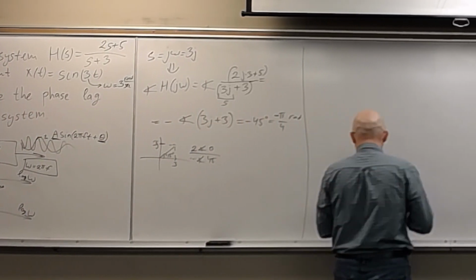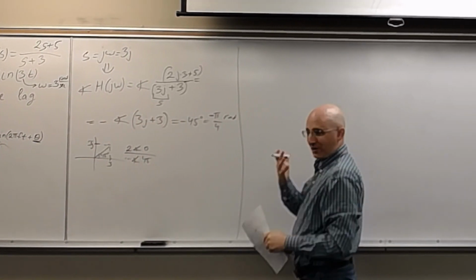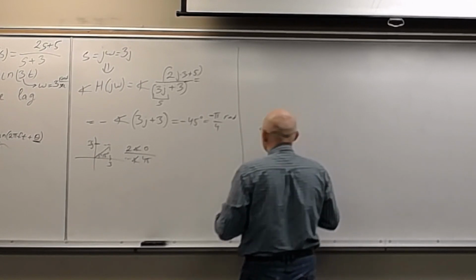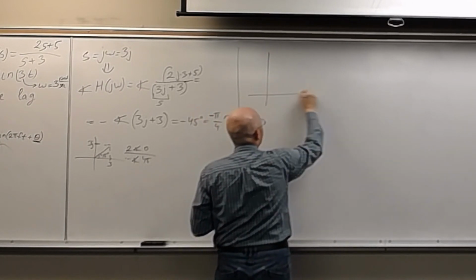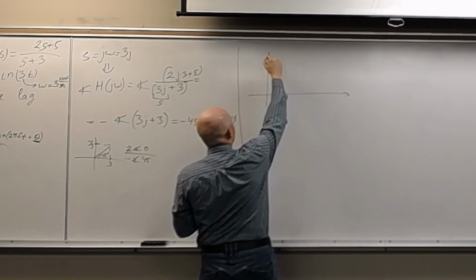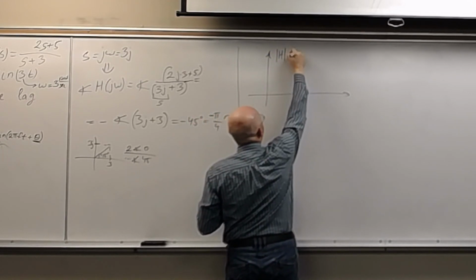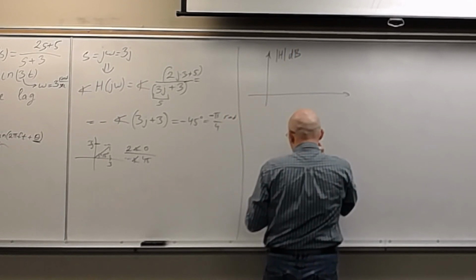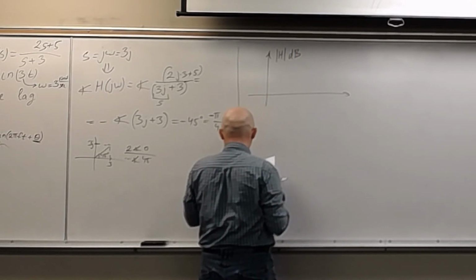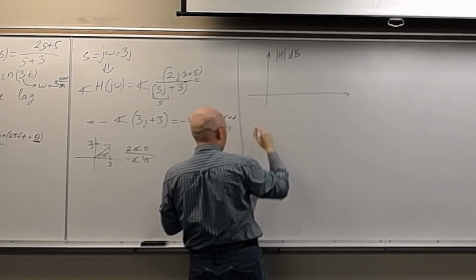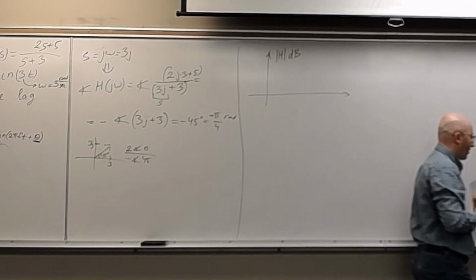Okay, let's try something tricky. This is closer to your test now. You have some Bode diagram of some unknown function. This is the magnitude diagram. Let's say you have H in decibels, and it will look maybe something like that.